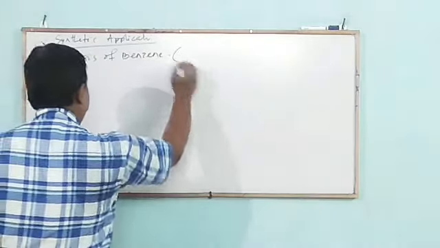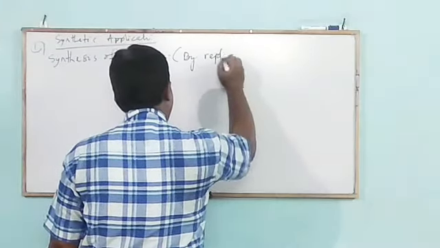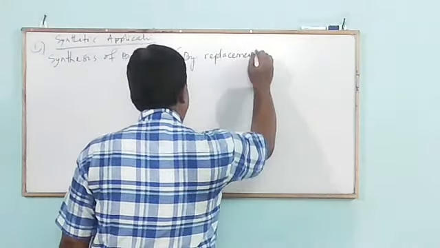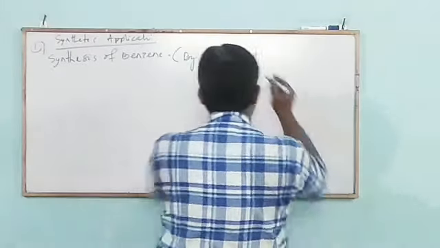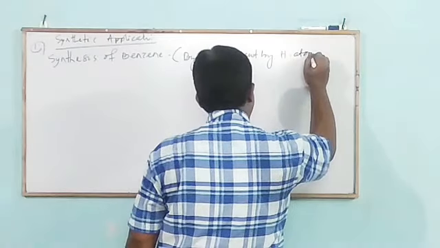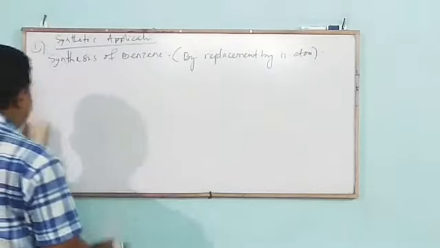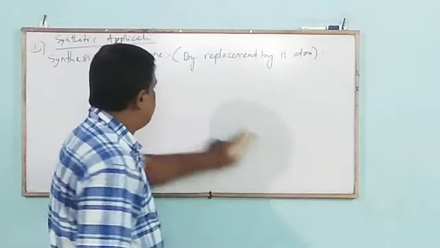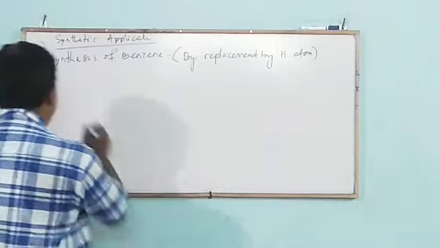It is formed by replacement of the diazonium group by hydrogen atom. Mark that. That means from benzene diazonium chloride, the diazonium chloride part is replaced by hydrogen. Mark that.